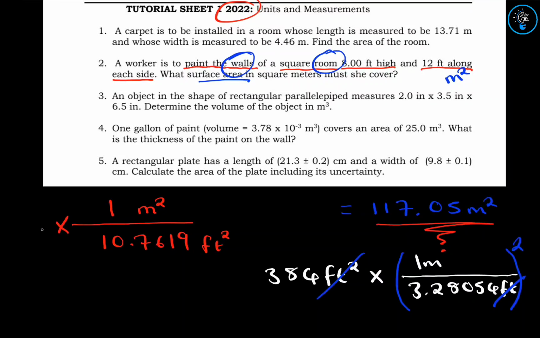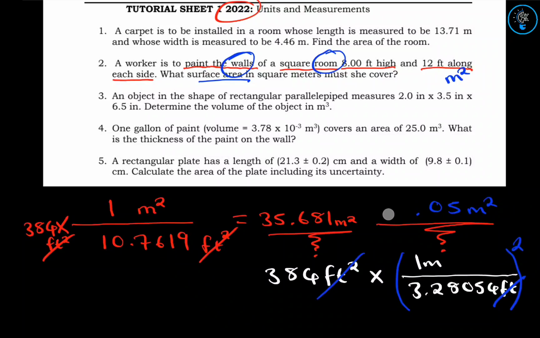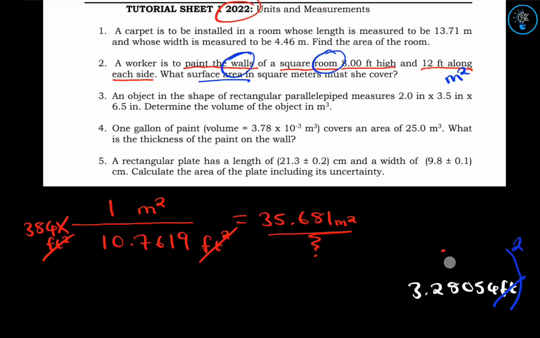And we know that this one has to be multiplied by 384 feet squared. Now feet and feet squared will be cancelled, and we are going to get our answer as 384 divided by that particular value. We are going to get 35.681 meters squared. And you see now how the answers are different. So please do your working step by step.